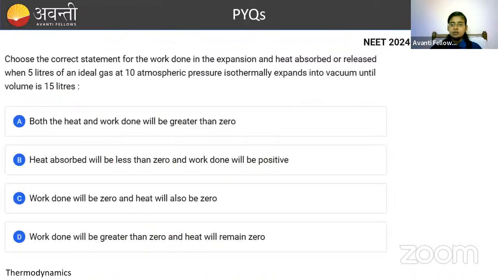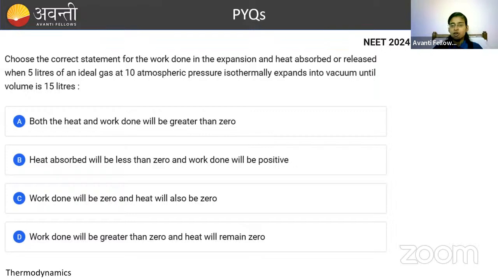Okay, here is the question from NEET 2024 re-examination. Choose the correct statement for the work done in the expansion and heat absorbed or released when 5 liters of an ideal gas at 10 atmospheric pressure isothermally expands into vacuum until the volume is 15 liter.